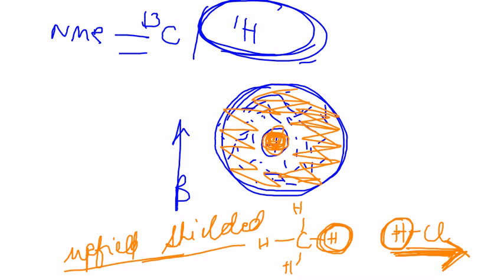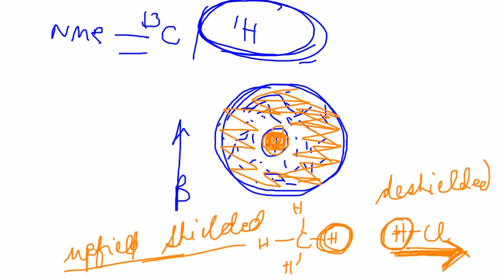On the other hand, in case of HCl, since chlorine already pulled the electron density towards itself, now that particular proton is pretty nascent, it's naked, and so you don't require as much magnetic field to be able to view it, or you can say that this is de-shielded.